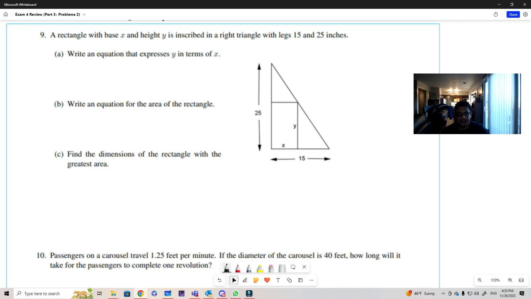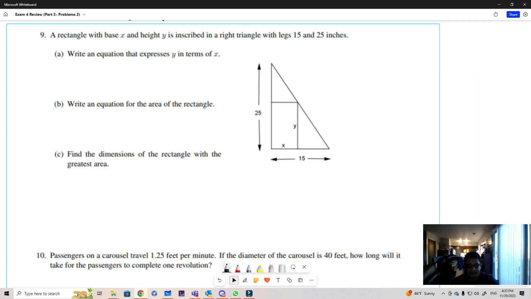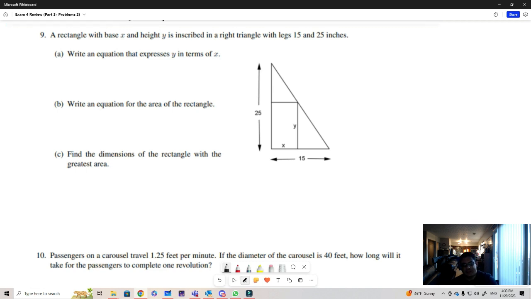I can find the similarities between this big triangle and this small triangle here. Notice that this quantity here is 15 minus x, since everything measures 15 and this part measures x.